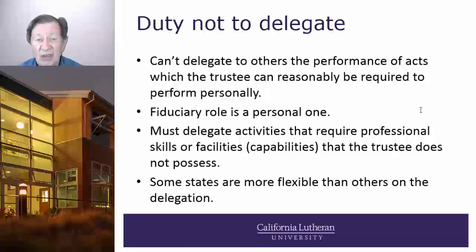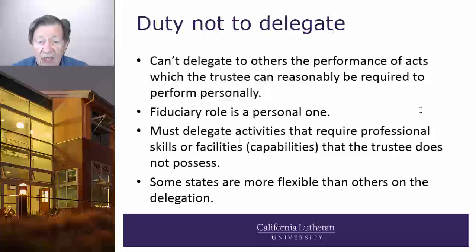Now, the rules vary from state to state, how rigid that is. For example, I've seen where a person was assigned as a trustee, they had a deficiency in some skill, and they hired someone to do it for them, like budgeting would be one thing, or investment advice, or being a manager of an apartment house.